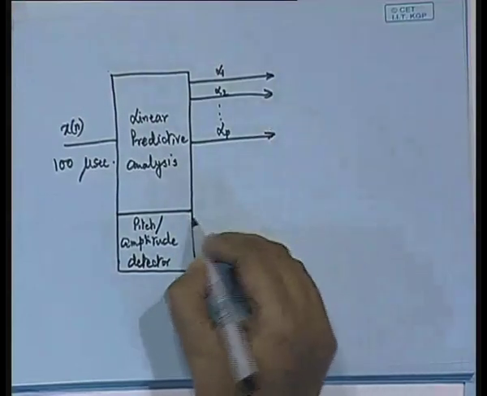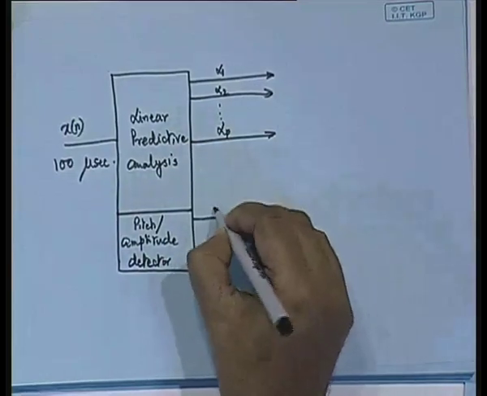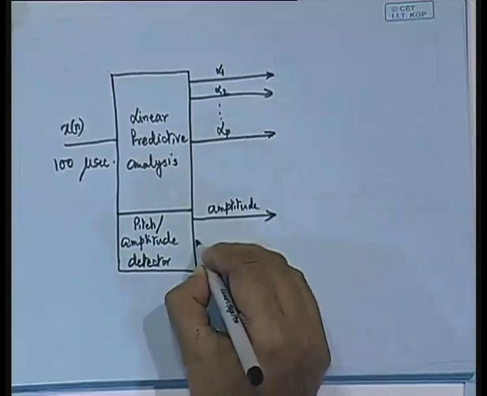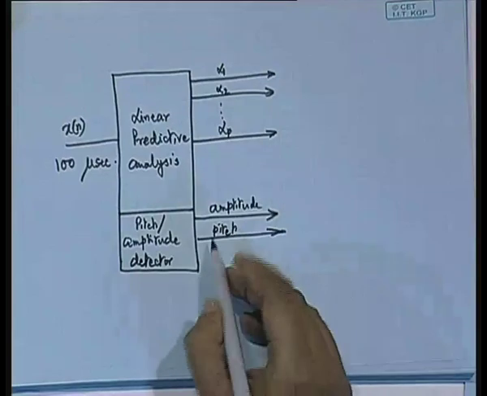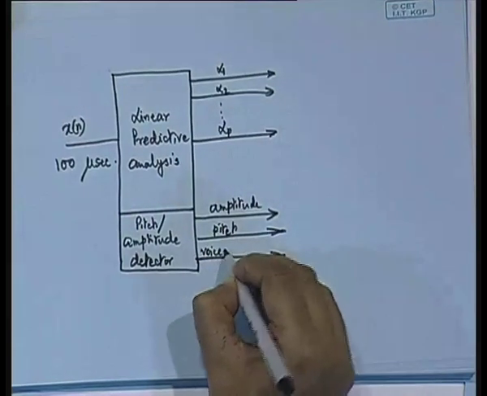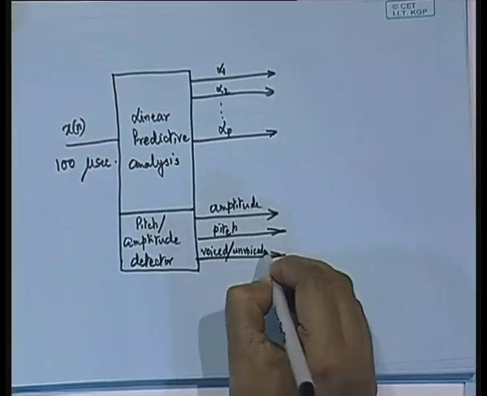And this pitch cum amplitude detector is going to give us the amplitude information, the pitch information, and also the voiced unvoiced flag. We know how to detect all these things, we have already discussed this aspect.